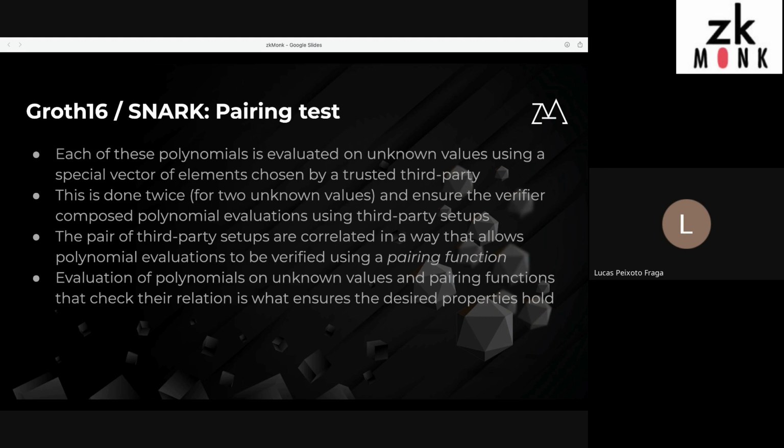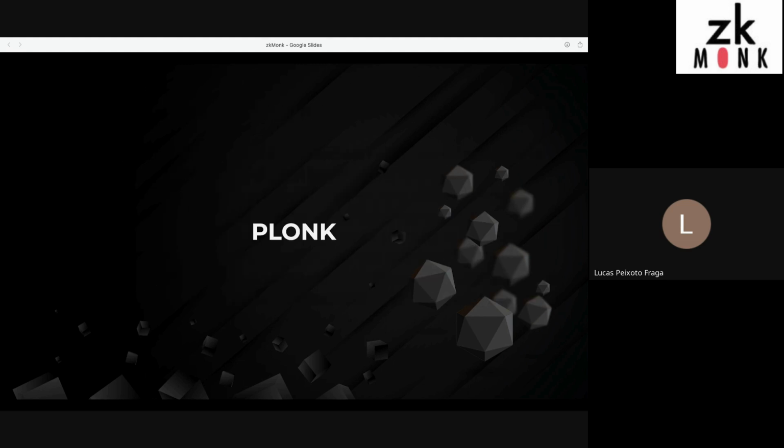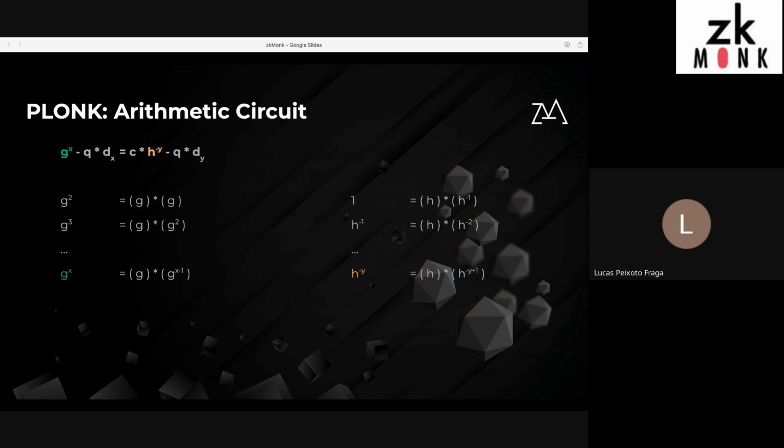Okay, so this is Graph and the original SNARK, and now I'll go to another SNARK that is PLONK. The beginning of PLONK is very similar, okay? This slide is the same, actually, as Graph, but now we shouldn't think about these equations as products of linear combinations.